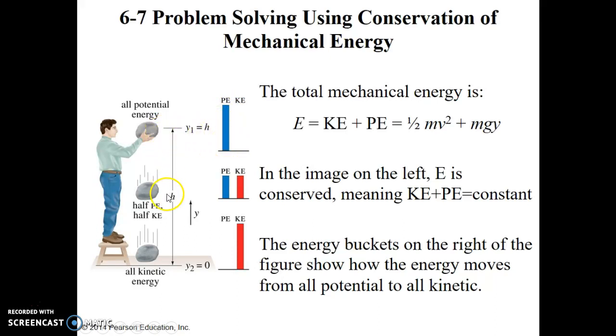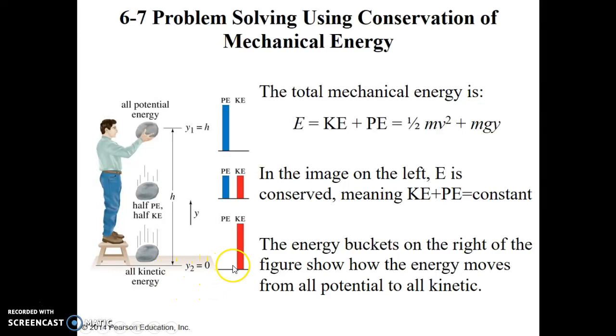As you drop it, half of the potential energy has now been converted to kinetic energy. That's halfway down. But if you add the potential and kinetic energies, you should get the exact same amount of energy as what you started with before you dropped it. Just as the rock is reaching the ground, your height is now 0, which means your potential energy is 0.